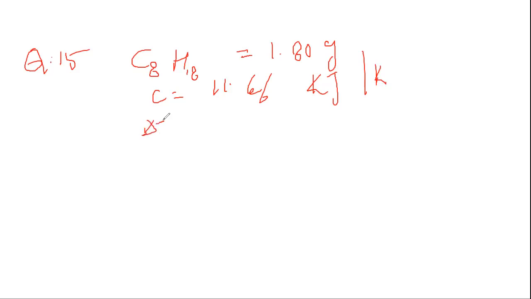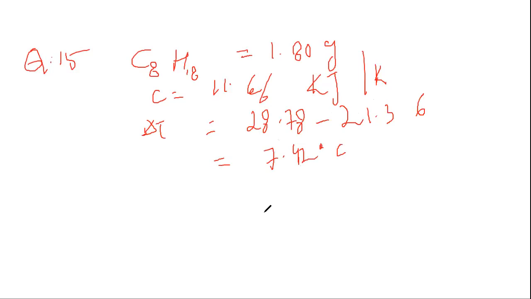So the change in temperature is 28.78, which is T2, minus 21.36. This is the change in temperature. By subtracting 21.36 from 28.78, it will be 7.42 degrees Celsius.